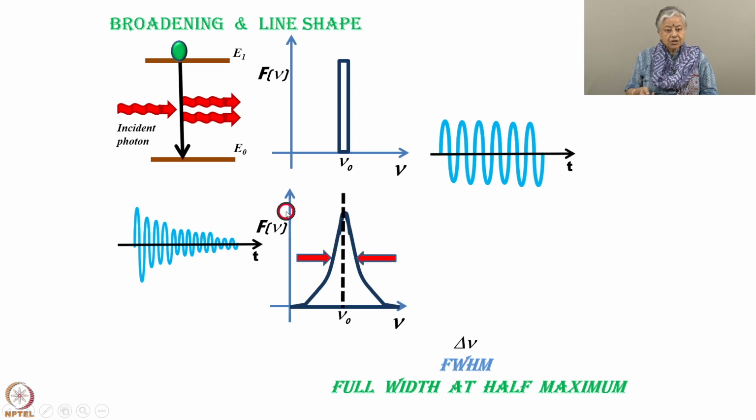So, what is the peak value of f nu? You find that, you take half of that, you come here, and at that half value of the peak you find your frequency nu, and this becomes the full width. So, it is a very important broadening parameter which is given in many places.